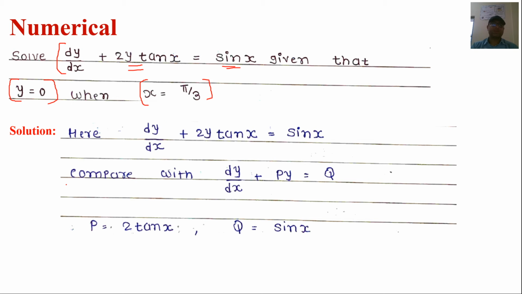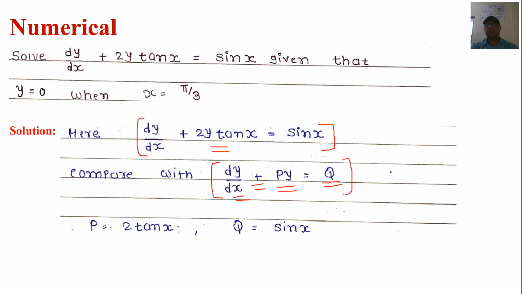Now first of all, find the general solution. This is the given differential equation dy by dx plus 2y tan x is equal to sin x. Compare this equation with our standard form dy by dx plus py is equal to q.